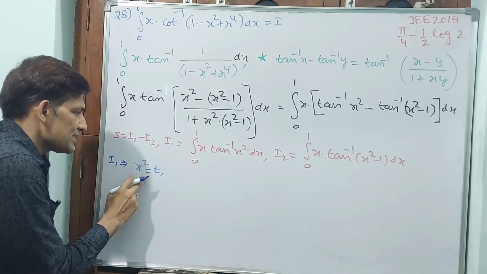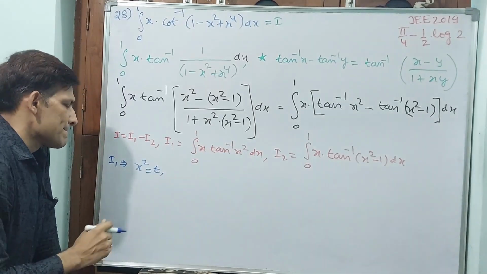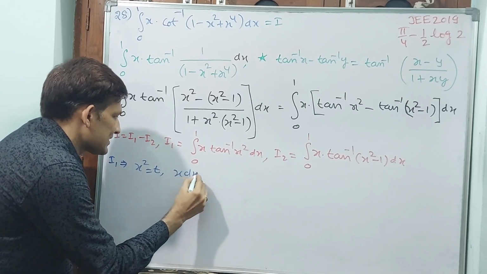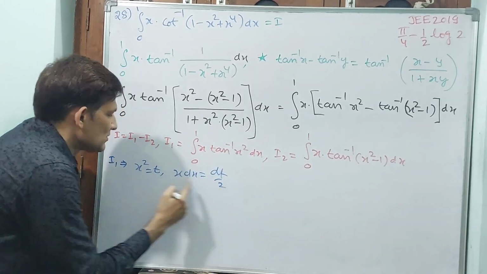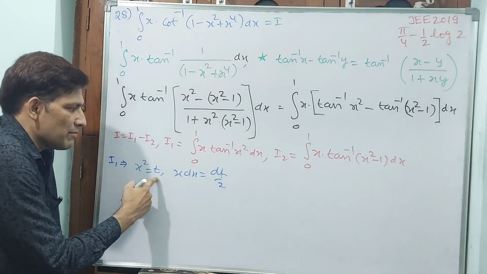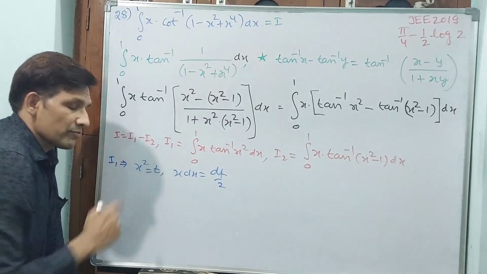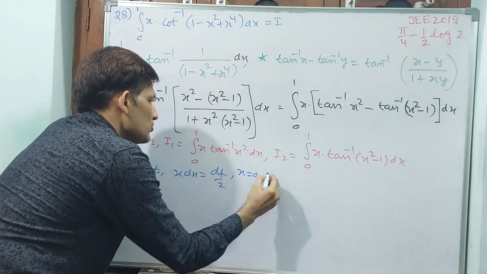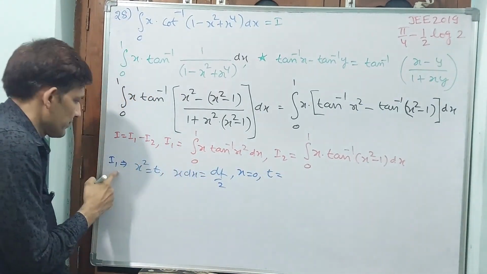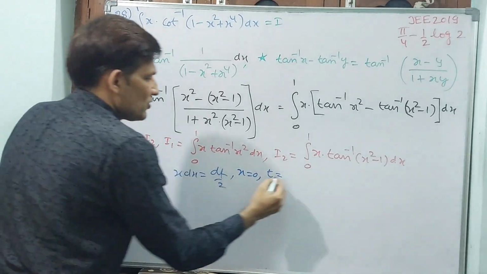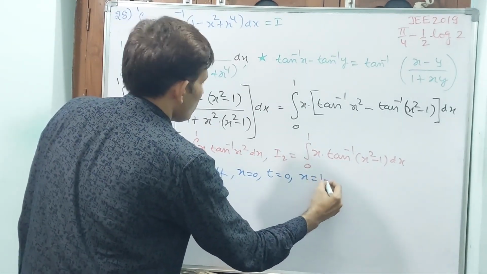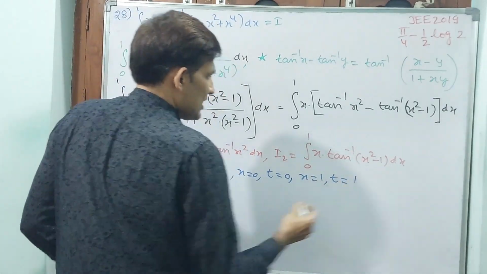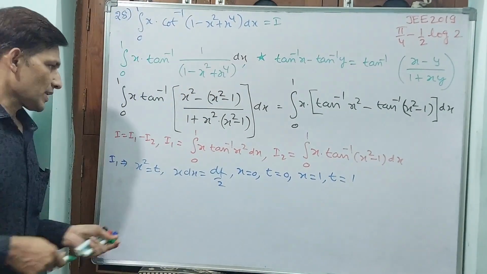So x square is t, and tan inverse t will come. Then x dx will be dt by 2, because 2x dx is dt. Now check the limits also. When x is equal to 0, t is equal to 0 square, 0. When x is equal to 1, t is equal to 1 square, 1. That means the limits have not changed.